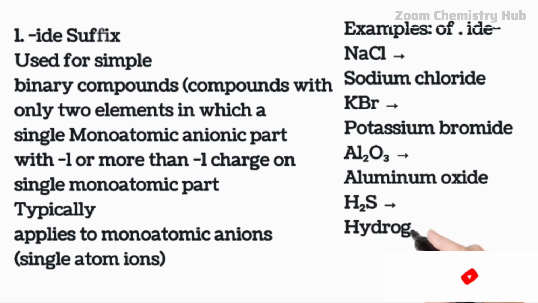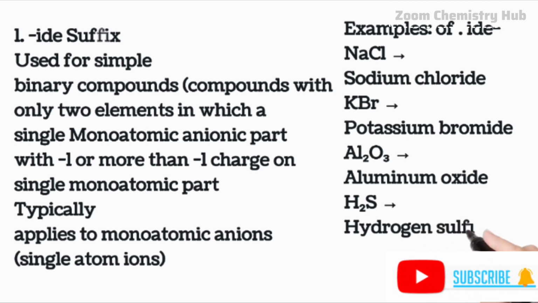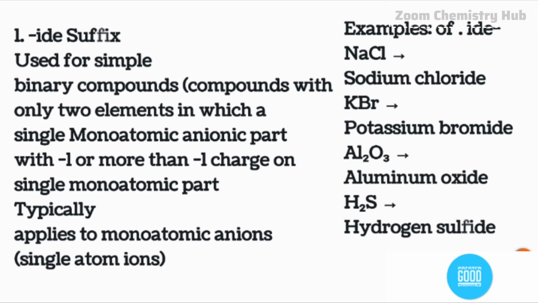in aluminum oxide and hydrogen sulphide. So these are examples of ionic compounds having the suffix IDE.